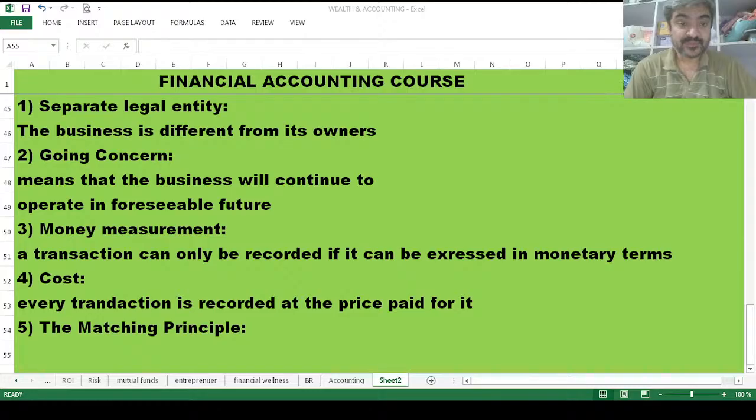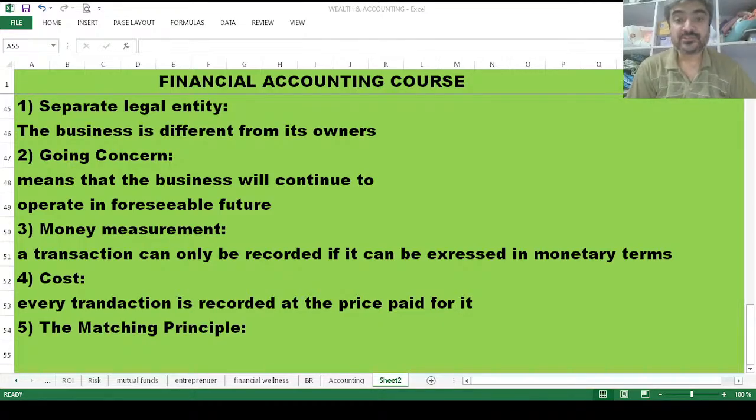In matching expenses against revenue, the question of when the payment was made or received is irrelevant. For example, if a salesman is paid commission in January for sales made by him in December of the previous year, according to this concept, commission expense should be offset against sales of December of the last year, because this expense is incurred for producing revenue in December.